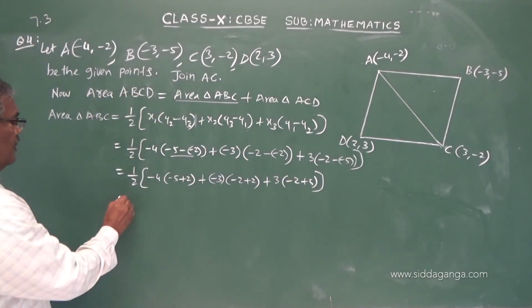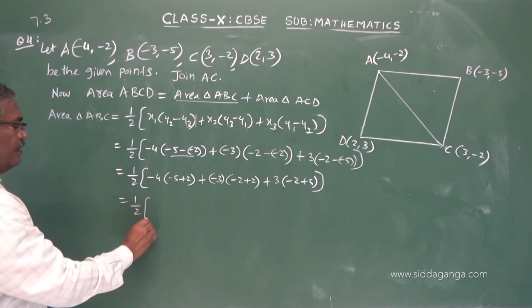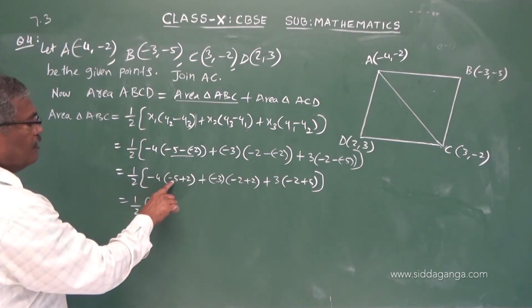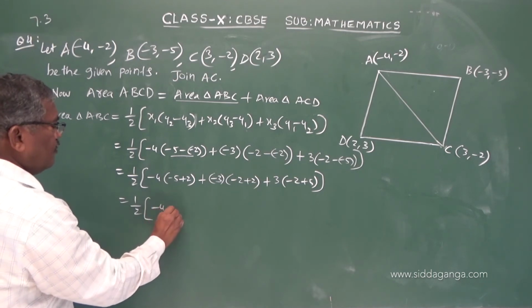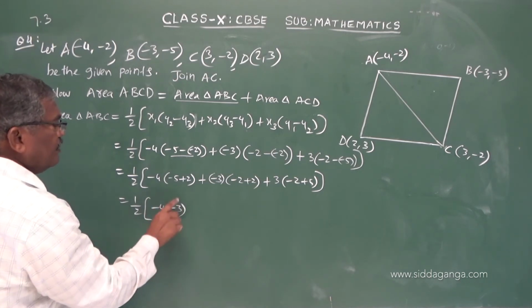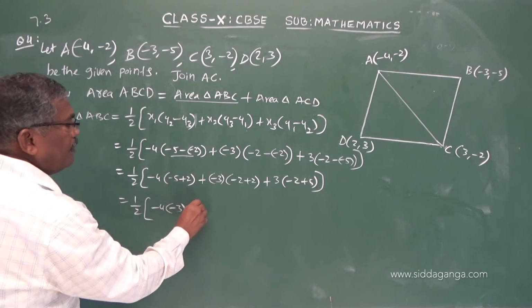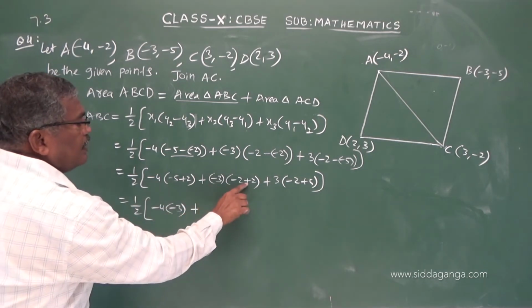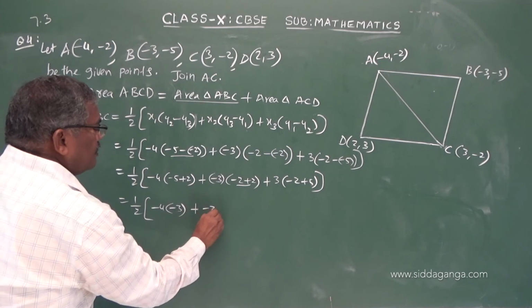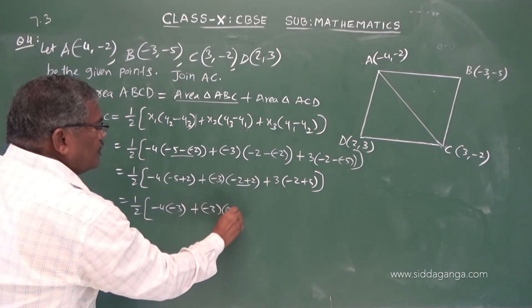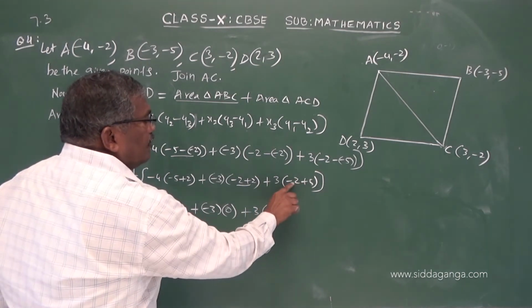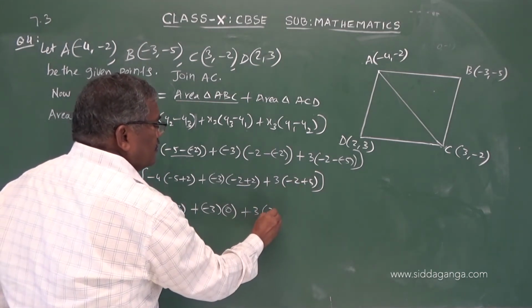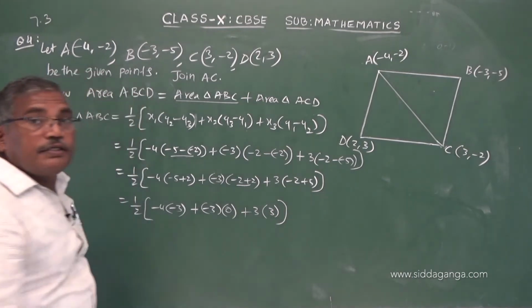Now you can see here, this is 1 by 2 into minus 4 into minus 5 plus 2 is minus 3, from these two, plus minus 3 into, this is 0, minus 2 plus 2 is 0, plus 3 into minus 2 plus 5 is 3, close the bracket.